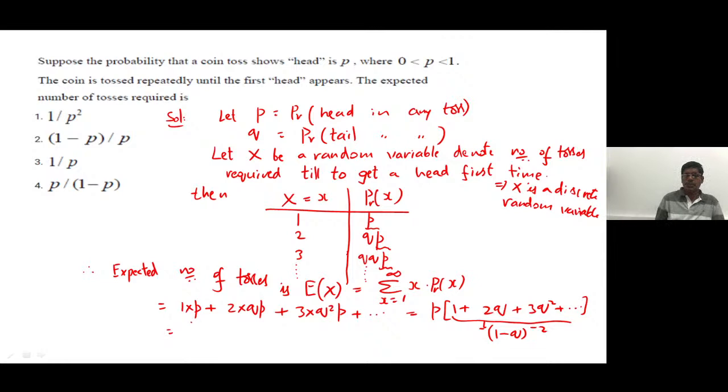So this is p times (1 minus q) to the power minus 2, and 1 minus q is nothing but p, so p times p to the power minus 2, which can be written as 1 by p, since 1 plus 2x plus 3x squared plus so on is the standard Maclaurin series equal to (1 minus x) to the power minus 2 if |x| < 1, that is minus 1 < x < 1, then only this series is valid. So the answer is 1 by p. Accordingly, the option is the third option.